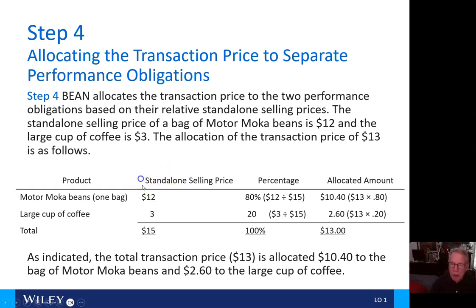So here you see we put those in for a total of $15 and assess these percentages, and then multiplied it times the transaction price of $13. Very similar to the way we did lump sum purchases for real estate. So, as indicated, the total transaction price, $13, is allocated at $10.40 to the bag of mocha beans and $2.60 to the large cup of coffee.